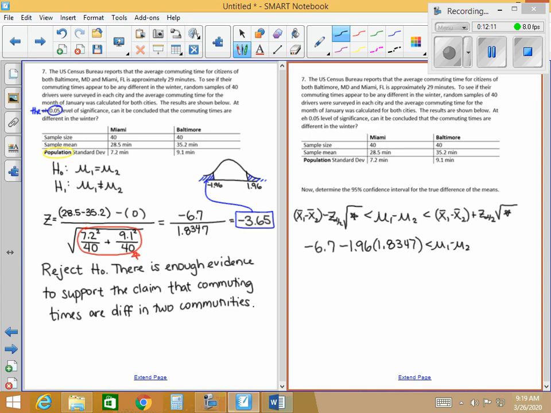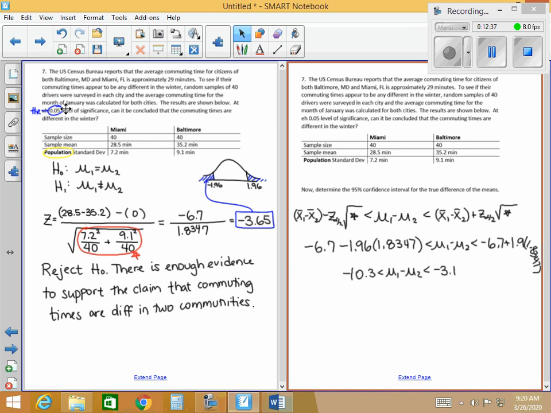Had I not done the hypothesis test, then I would have to go through and do the arithmetic and find all those things. The low end of that confidence interval is negative 10.3. And the high end is negative 3.1.